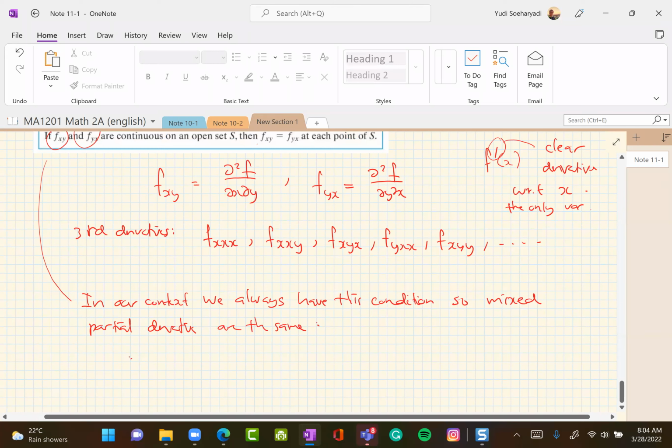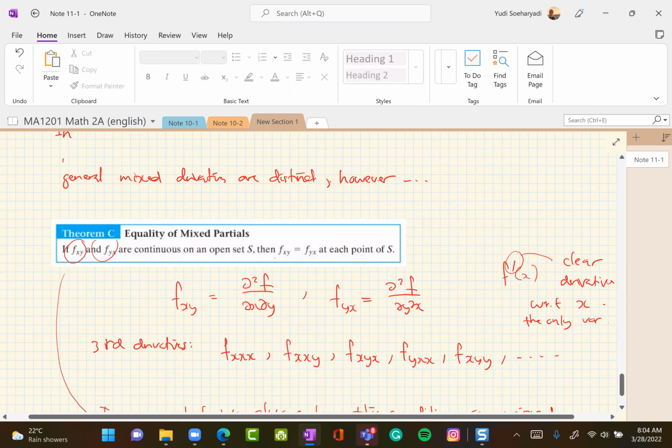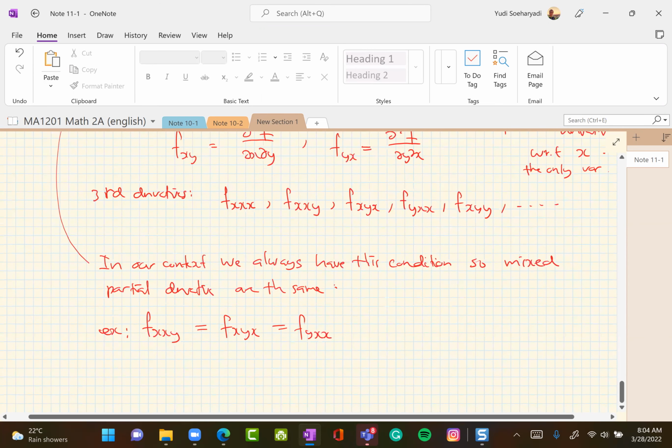So later on you have this one, that's the same as that. Okay. So that's about the mixed partial derivative. Right? Okay. Questions?